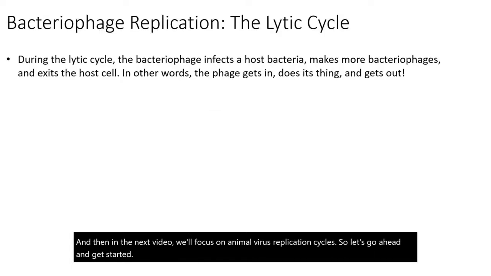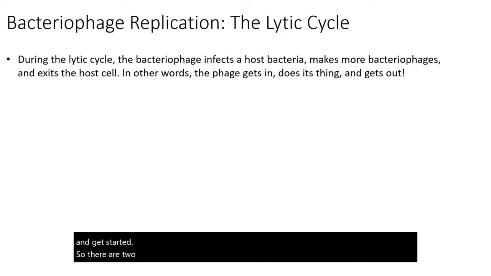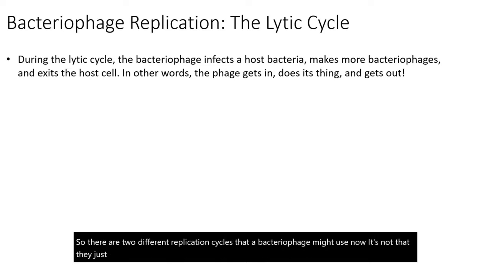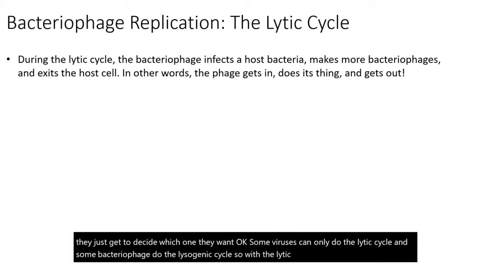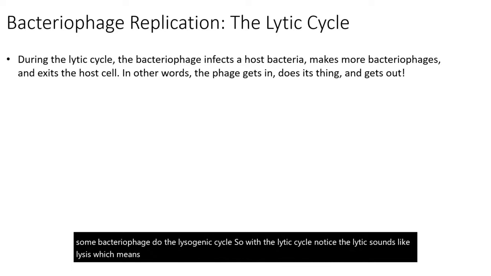There are two different replication cycles that a bacteriophage might use. Now, it's not that they just get to decide which one they want, okay? Some viruses can only do the lytic cycle, and some bacteriophage do the lysogenic cycle. With the lytic cycle, notice the lytic sounds like lysis, which means to basically blow up.